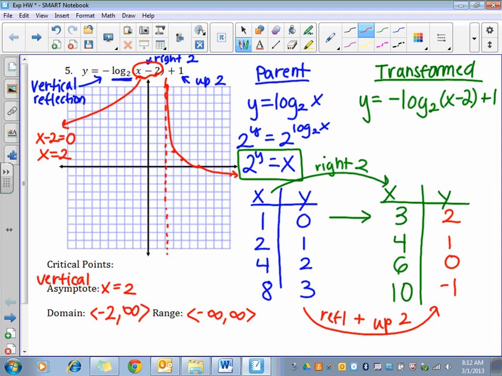So in interval notation, I would write negative infinity to infinity. And the critical points are just key points, coordinates that I will copy from my transformed function. So I can just write in a couple. And there you have our beautiful graph. Make sure that you have extended and put arrows on the ends of your graph.